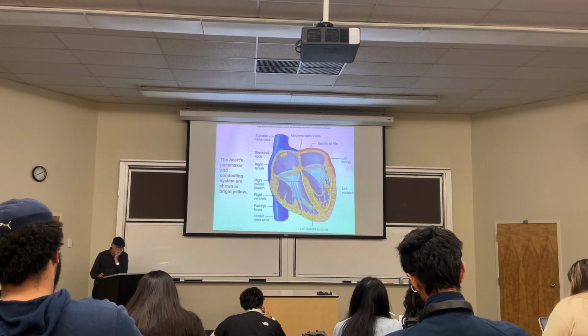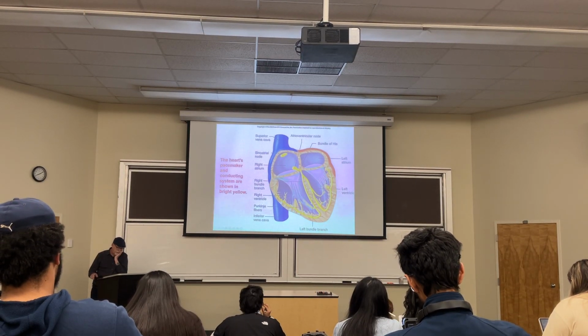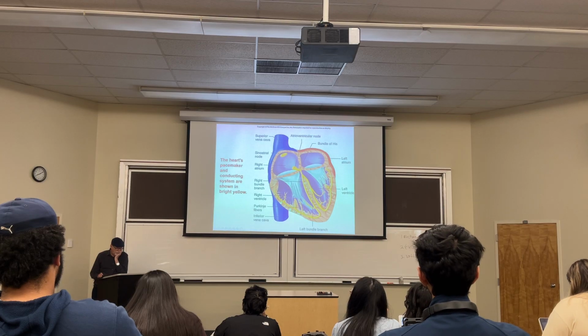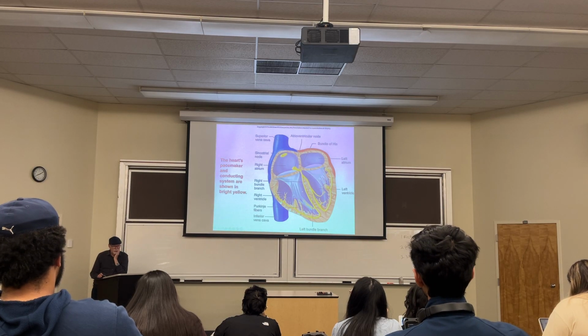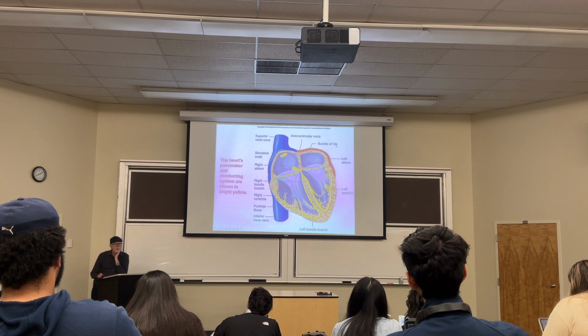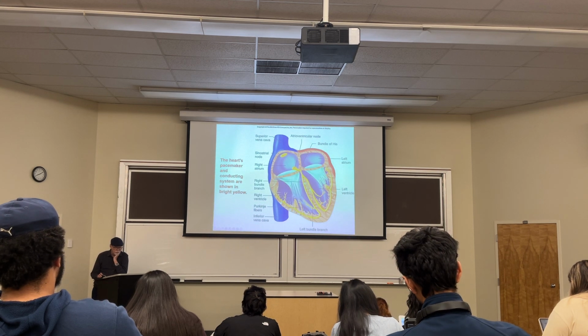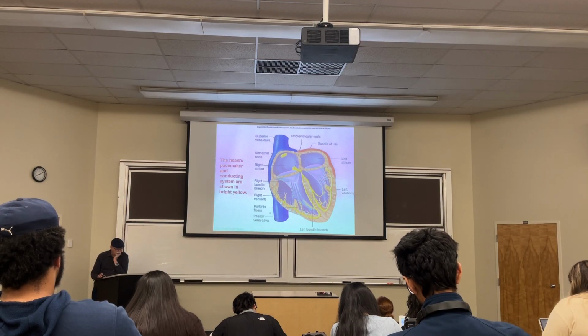This is called the bundle branches. The old name was bundle of His. It's still listed here on the diagram, but we don't use that name too often anymore. These bundle branches come down, and then they spread around these little Purkinje fibers.